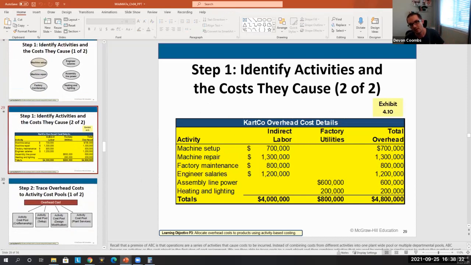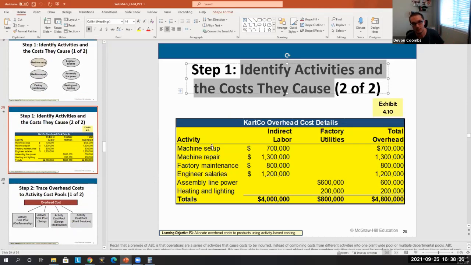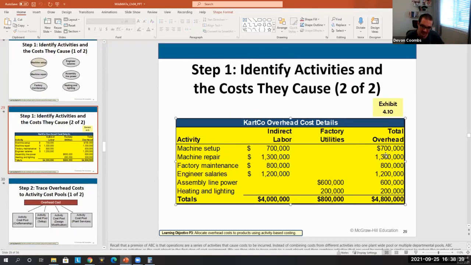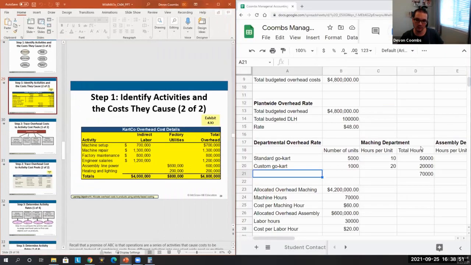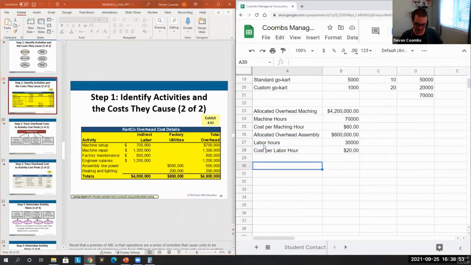And so here, we identified the activities and the costs they cause. So we have machine setup, which is about $700,000 of indirect labor, machine repair, factory maintenance, all of these different. And we figure, oh, this is really labor and this is really utilities. And so let's add this to our Google Sheet. Activity-based costing.